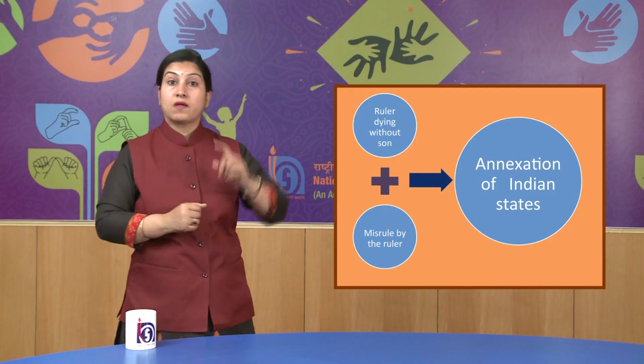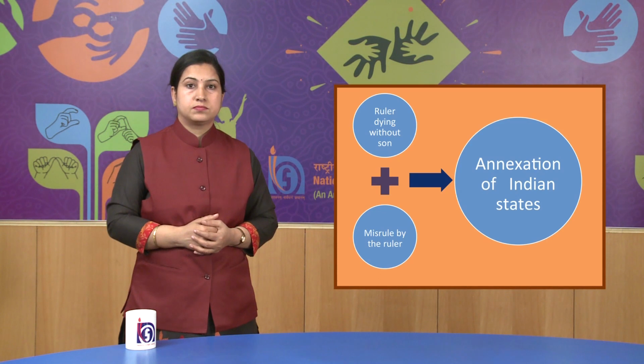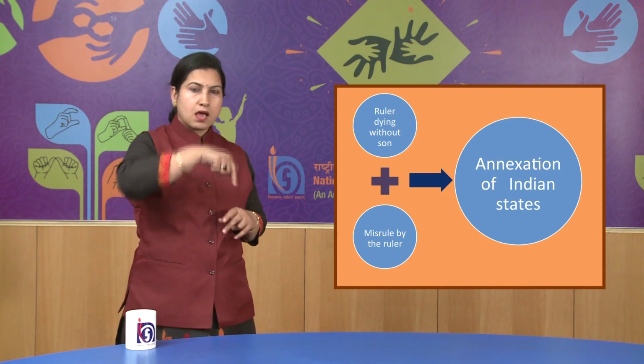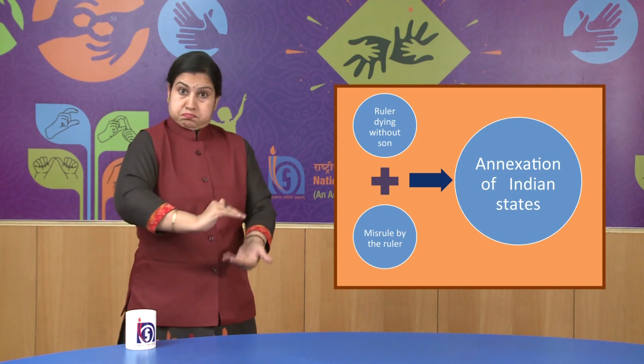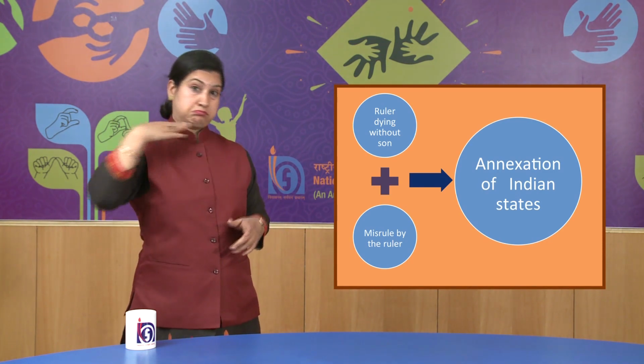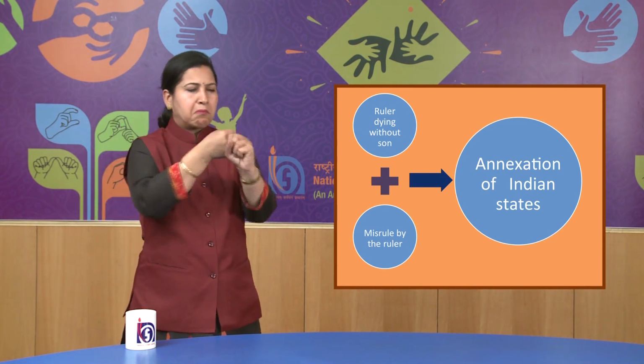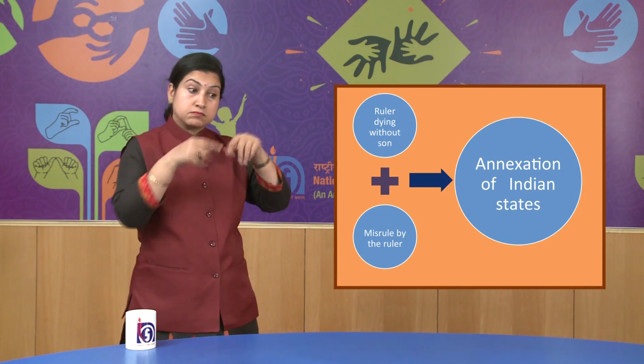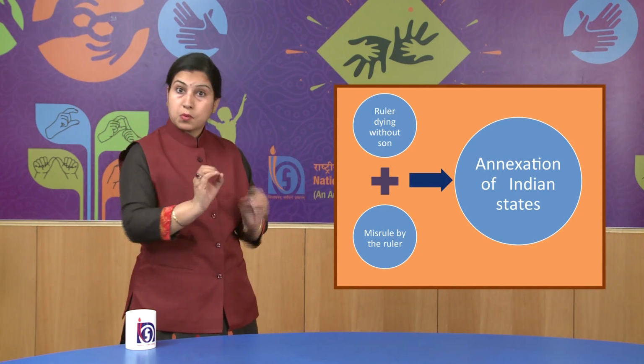Dear learners, Doctrine of Lapse was the policy by which the British occupied Indian states. There were two conditions for this. The first condition, if an Indian ruler died childless without any child, his state was occupied by the British.